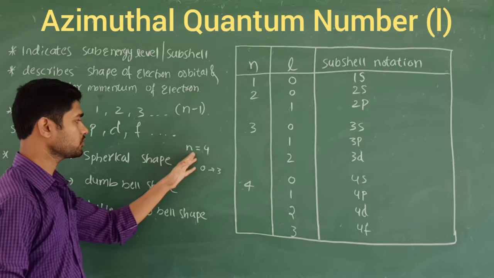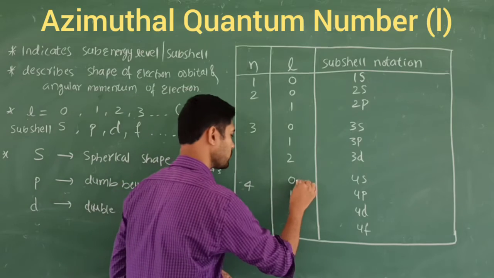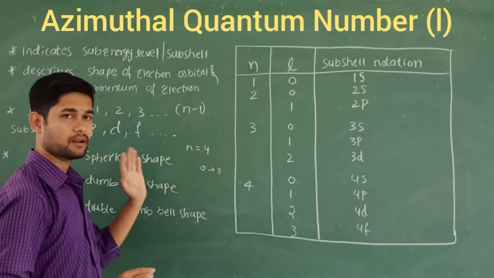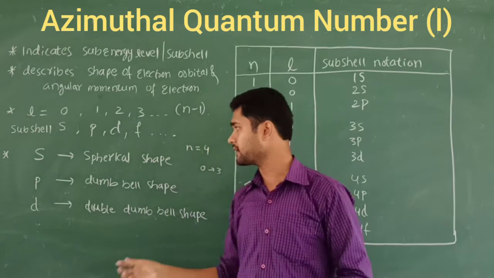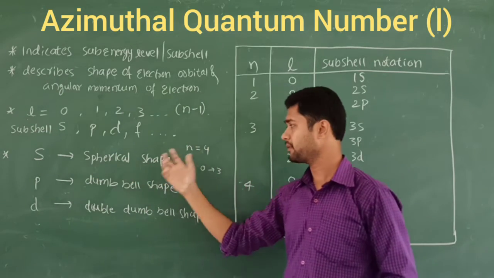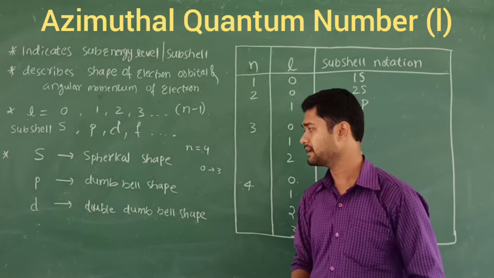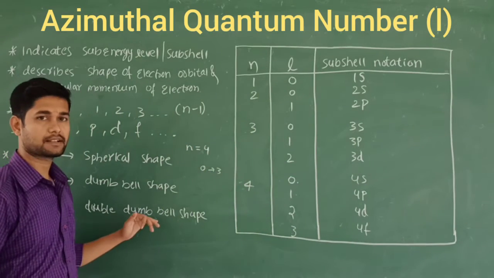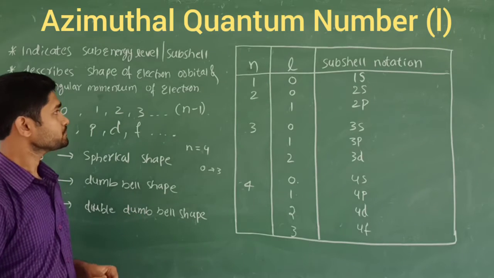So for n equal to 4, the values are 0, 1, 2, 3. We call this the azimuthal quantum number. Also, s indicates a spherical shape, p indicates a dumbbell shape, and d indicates a double dumbbell shape. These are the shapes, because it also explains the shape of an orbit.